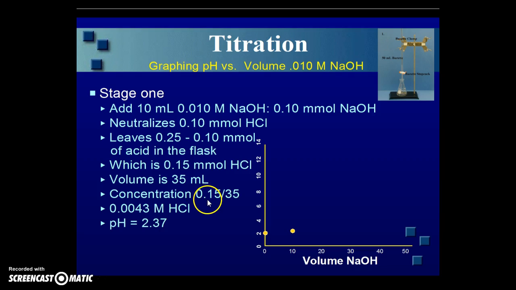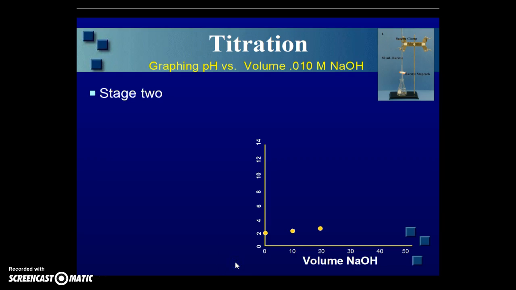We find the concentration by dividing the 0.15 millimoles by 35 milliliters, and we get 0.0043 molar HCl. We take the negative log of that number, and we get 2.37. So the pH hasn't gone up very much, even though we've added 10 milliliters of the base.